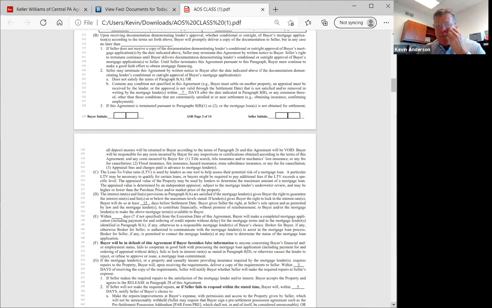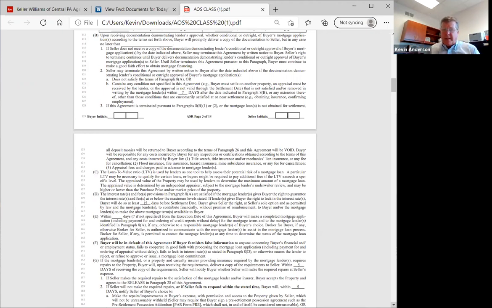Paragraph C of this is more of a disclosure. You can read it. The interest rate and fees provisions in paragraph 8A are satisfied if the mortgage lender gives buyer the right to guarantee the interest rate and fee at or below what they stated. If lenders gives buyer the right to lock the interest rate.